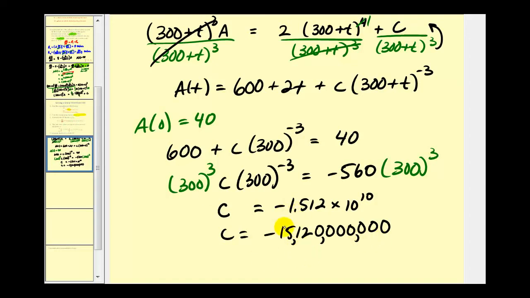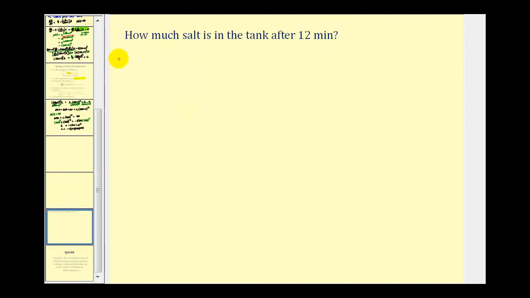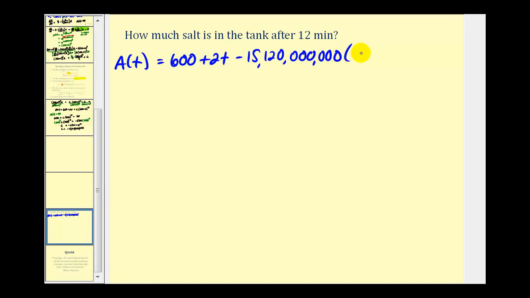Which we will now substitute back into our function a of t for c. So we have a of t equals 600 plus 2t minus 15,120,000,000 times 300 plus t to the negative third power. So now to answer the question, how much salt is in the tank after 12 minutes, we need to find the value of a of 12.